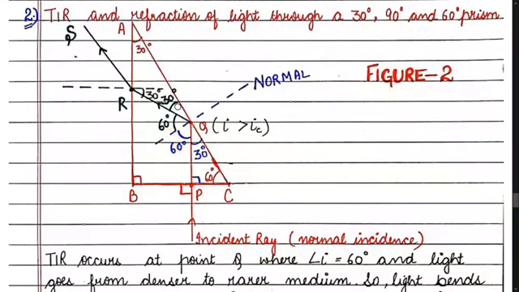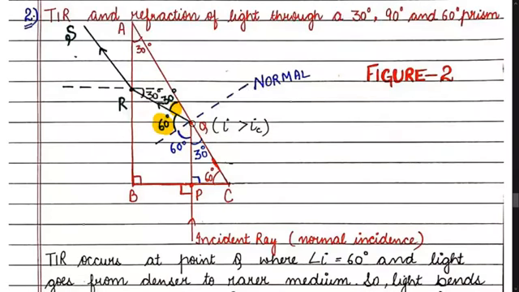Thus, the ray, instead of going in the other medium, bends back in the glass prism, and the ray QR is the totally internally reflected ray, such that the angle of reflection will be equal to the angle of incidence, and the angle of reflection will also be 60 degree, such that the remaining part of the normal will have an angle of 30 degree.